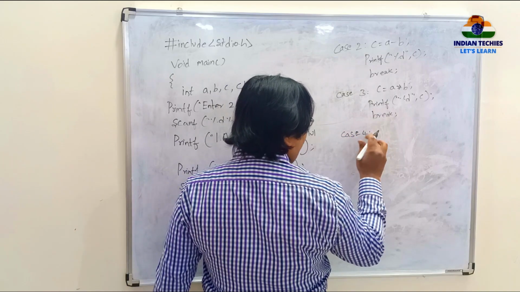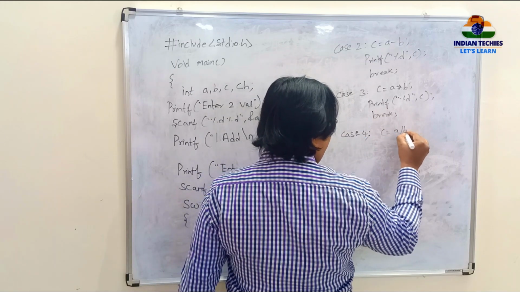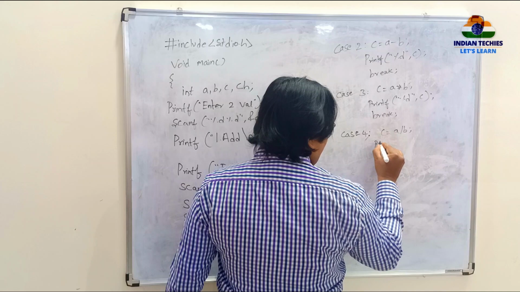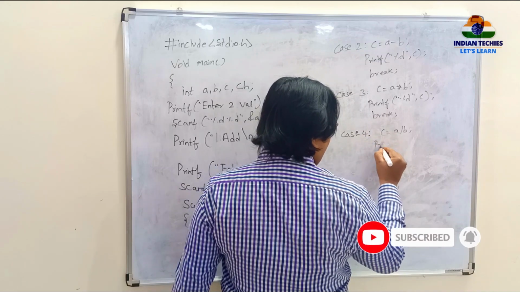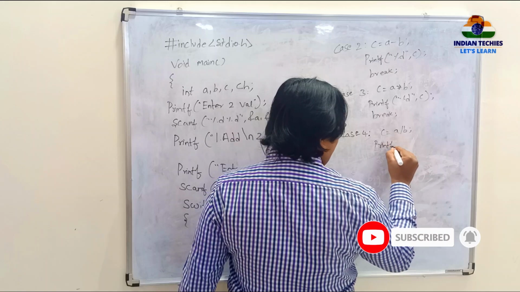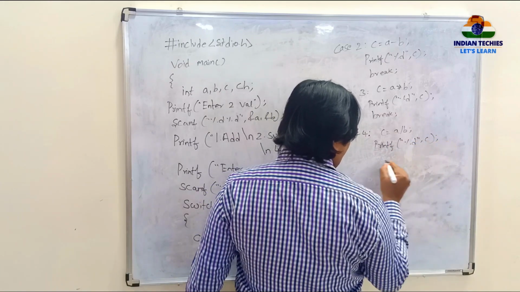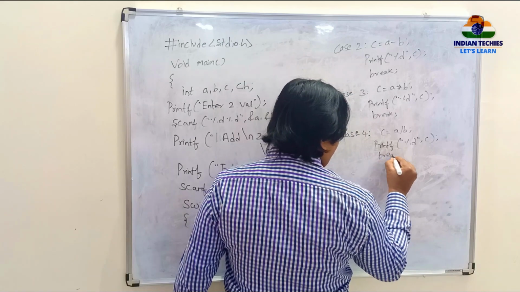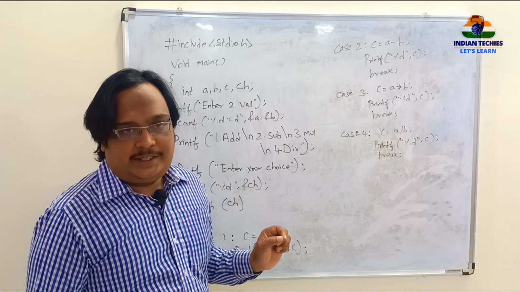Case 4, division, that is c is equal to a by b, printf %d c, break. Now all the cases have been completed.